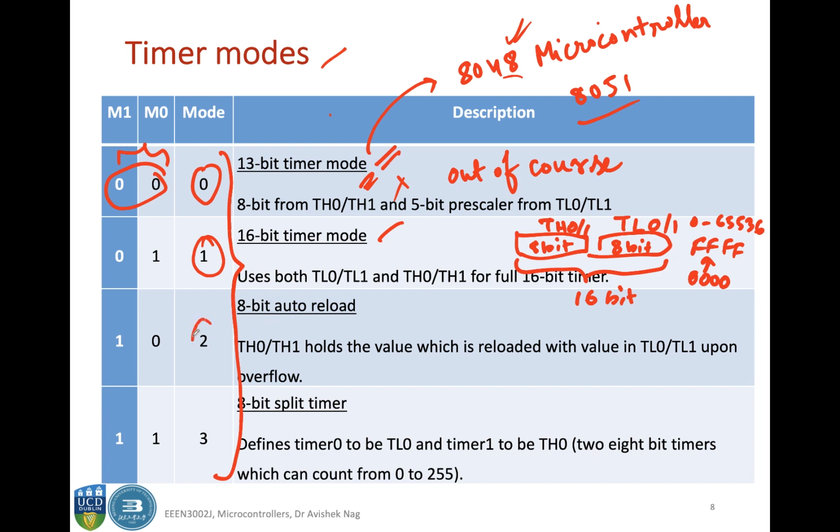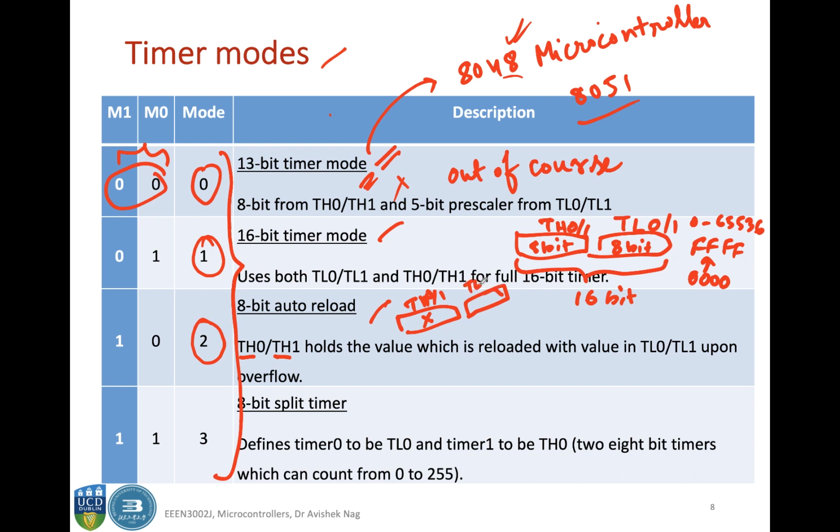For mode 2 we have this mode which is called 8-bit auto reload. In this case, your TH0 or TH1, the higher 8 bits, holds a value, let's say X, which is reloaded into TL0 or TL1.